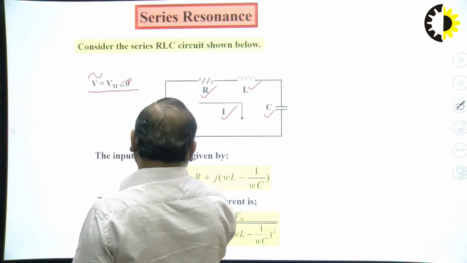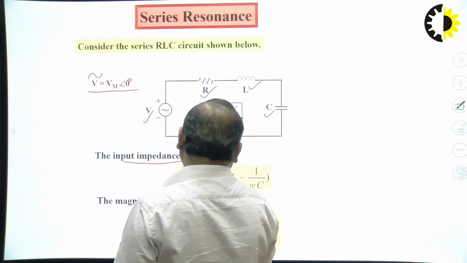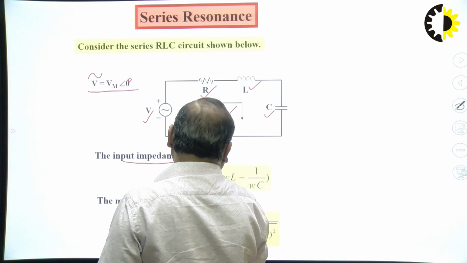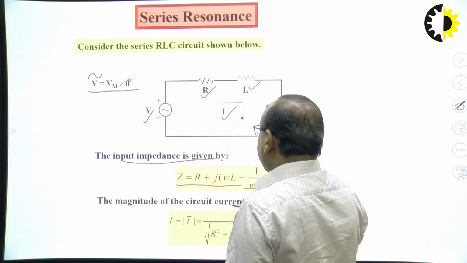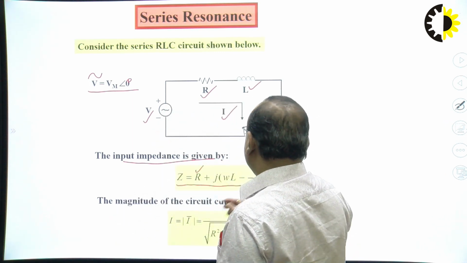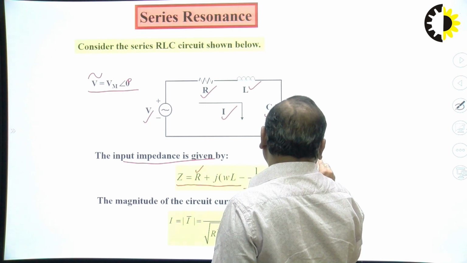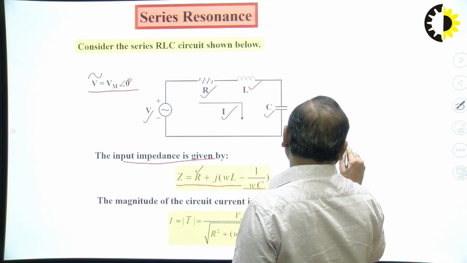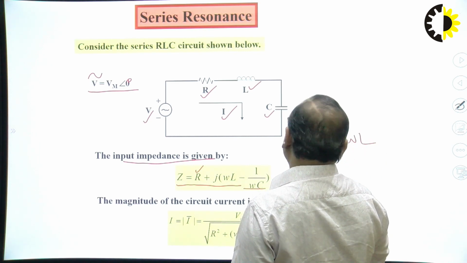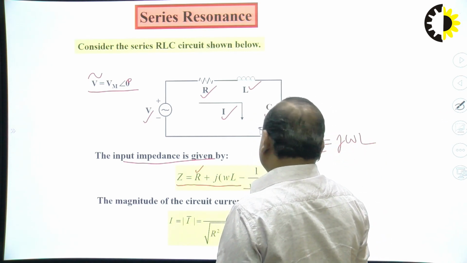Now, the input impedance of this circuit, that can be written as Z equal to R plus j into omega L minus 1 by omega C. Since R is the resistance in this circuit, XL, that is inductive reactance of inductor, that is given by j omega L in phasor form or complex form.